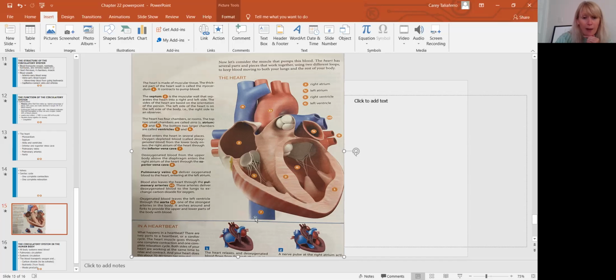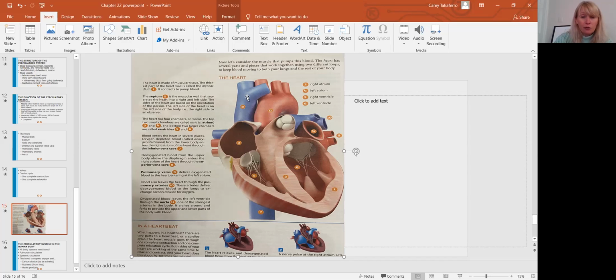This is where blood comes back from the body into the heart without oxygen. It does not currently, at this point, have oxygen. And this is deoxygenated blood from the lower body. So notice it's on the underside of the heart, coming from the lower part of your body.